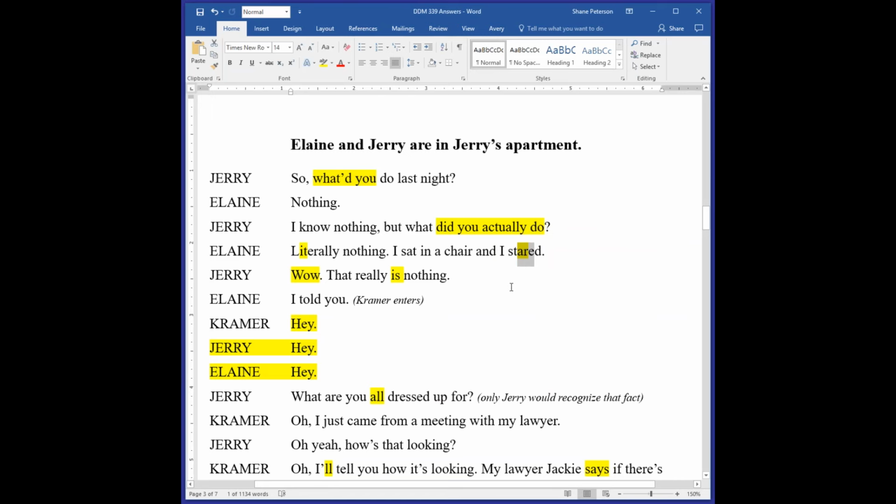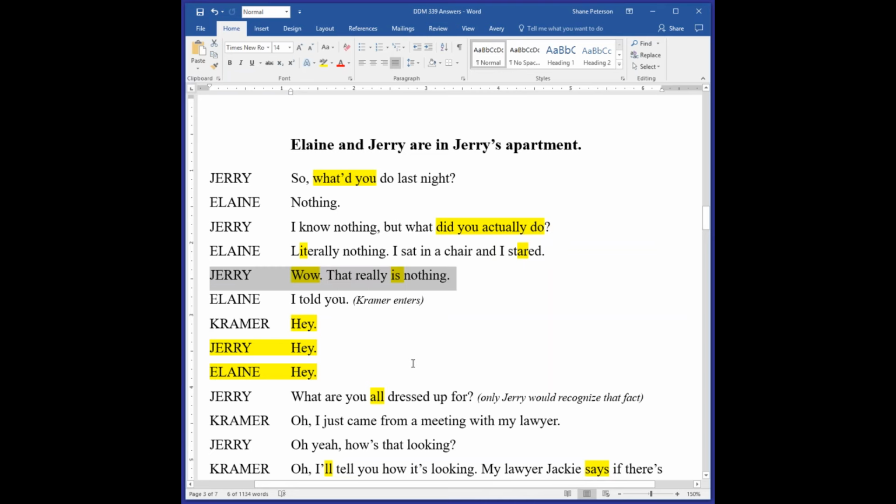Now, last time, Karen sounded like the RoboCop, I think. This time, G1 sounds like the RoboCop. Wow. That really is nothing. Start again.